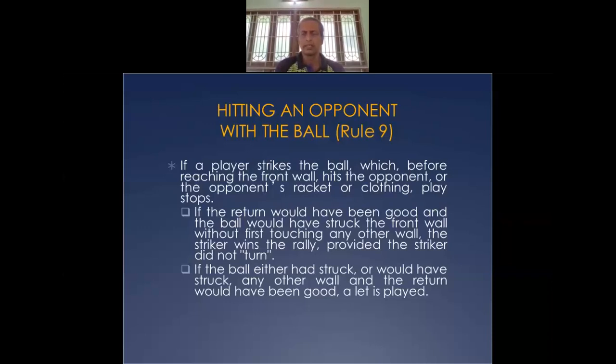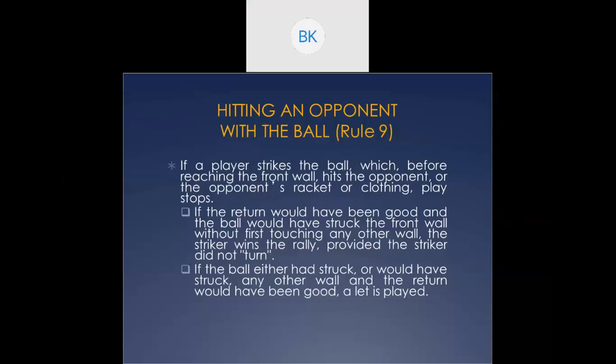And if it is a deliberate movement by the opponent to come into the player, you can go in for a stroke. Sorry, again, that is a deliberate dangerous play.